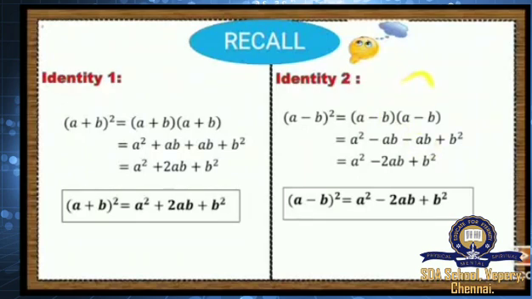So minus b into minus b is plus b square. So similarly, you have your two ab terms. Also you have minus sign in common, right? So minus ab minus ab will become minus 2ab. So the expansion for a minus b the whole square is a square minus 2ab plus b square.